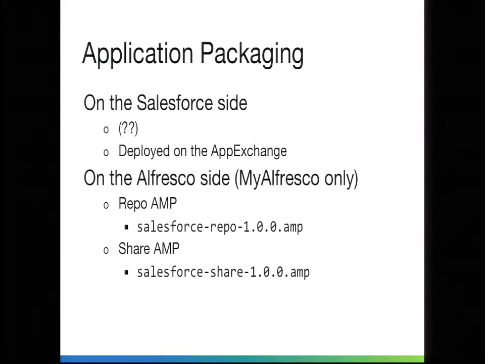The question mark is to note the fact that we don't know and we don't care how that's packaged up because that's managed by Salesforce. What they do allow us to do that's important, as Jared says, is make updates to that configuration and to that code, so we can push those out to users. Say if we have a security issue that we need to fix, we can push that straight out automatically to users of the application.